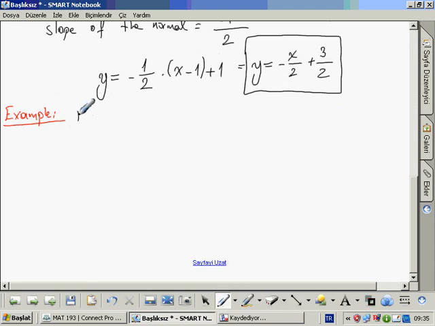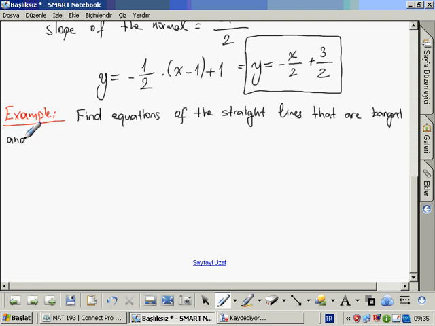Example. Find equations of the straight lines that are tangent and normal to the curve y equals square root of x at the point 4, 2.